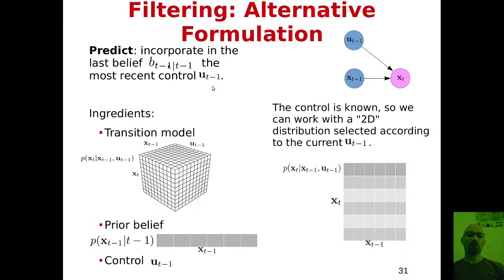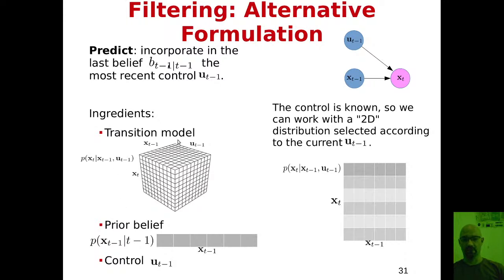Okay. If you want to picture the ingredients, you have a transition model that we can visualize as a cube, because we have three variables in this formula.